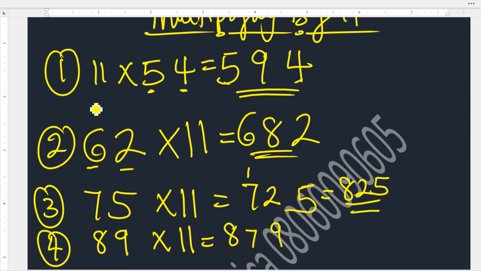Write only 7. Carry 1 over to 8. Add 1 to 8, you have 9. So our answer is 979. Now on Wednesday, you're going to learn more about multiplying by 11, especially when you have 3 digit numbers, 4 digit numbers.